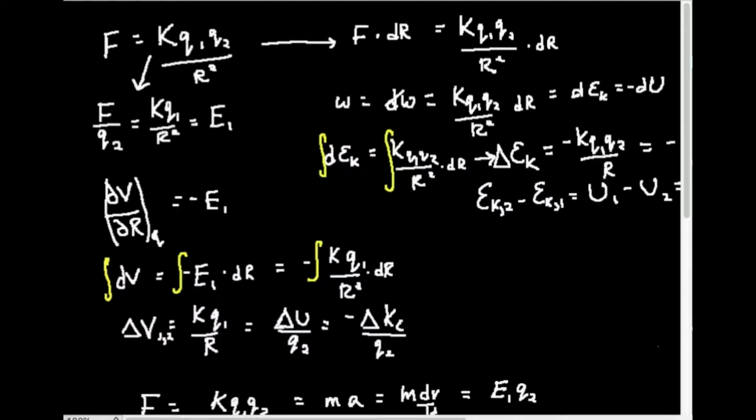So normally, and this is just kind of a side note, when you saw that work was equal to the integral of force times dx, it's really force dot dx because it's the dot product.